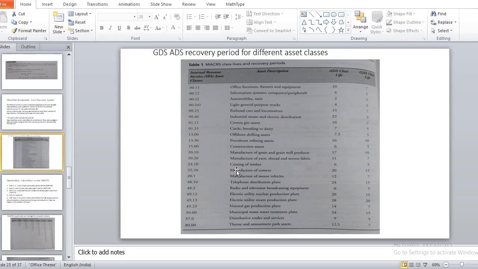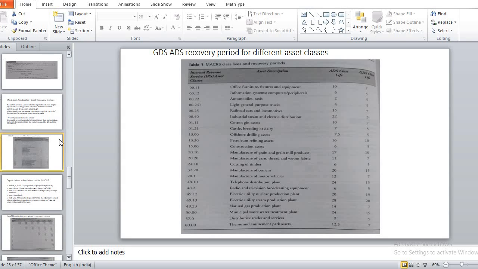So we classified them into these groups. We assign a number for each class. We also assign some useful life for this particular class in the ADS system and in the GDS system.